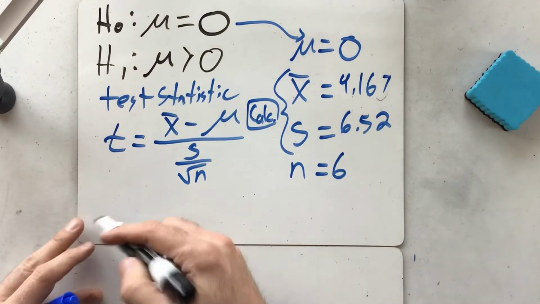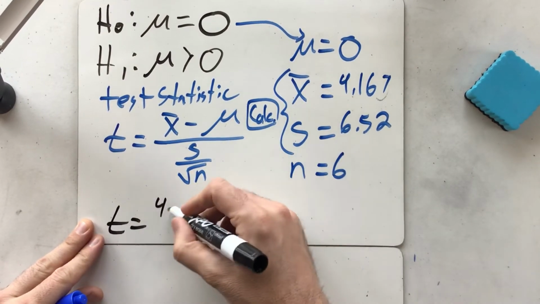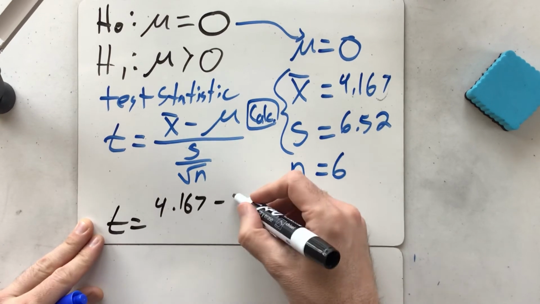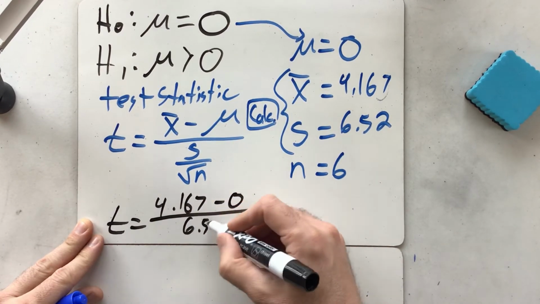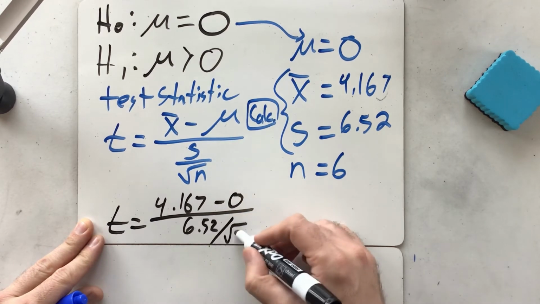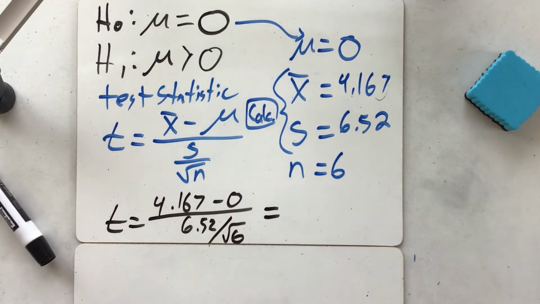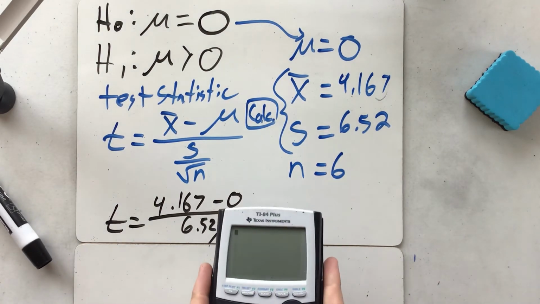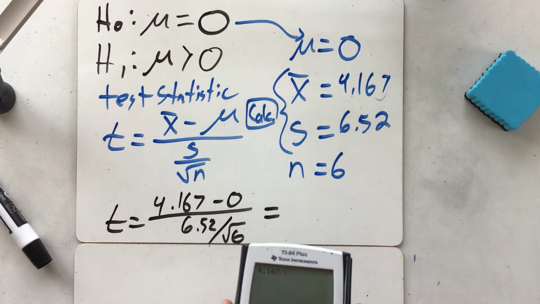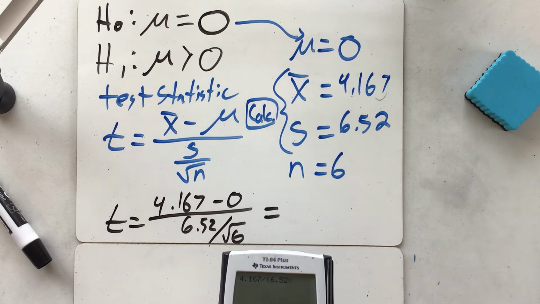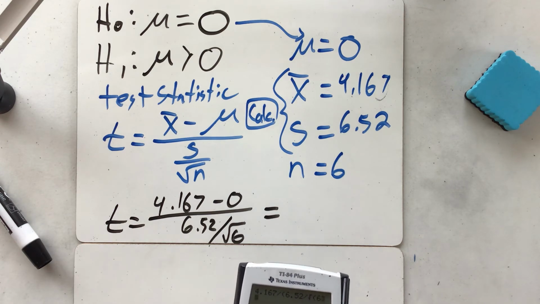So now my test statistic is T is equal to 4.167. I could subtract 0 from it, divided by 6.52 divided by the square root of 6, and let's plug all that in and see what I get. 4.167 divided by, open parentheses, 6.52 divided by the square root of 6.